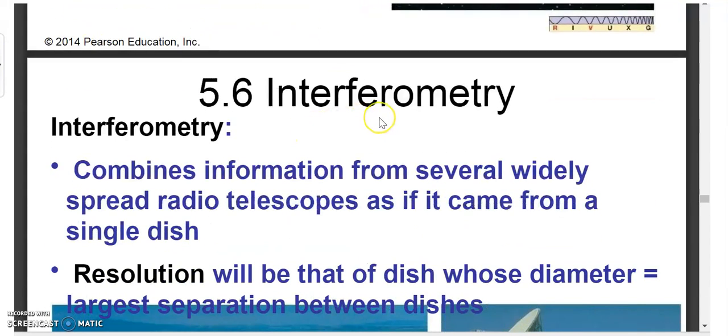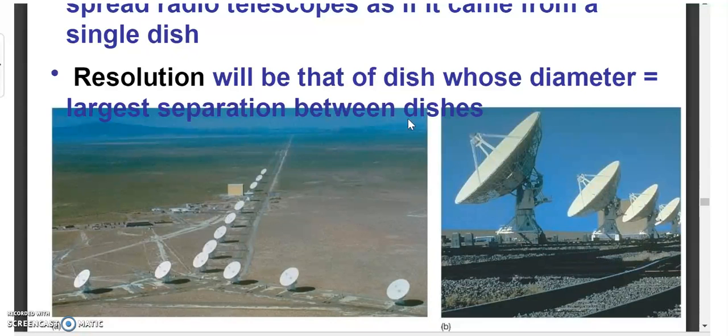So this is the big thing, this is really why radio telescopes are used, what's called interferometry. So you can combine the signals from many different telescopes. This is a good example.